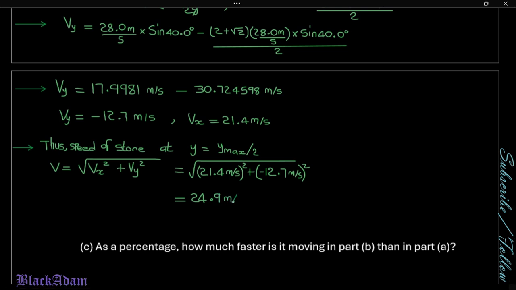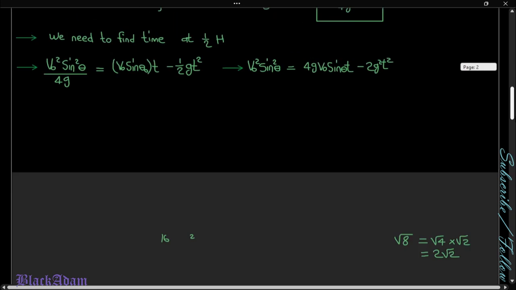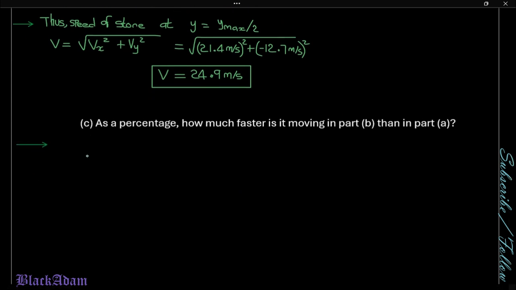That's to 3 precision places, and that's our answer. And then the next question, let's say they want the percentage, how much faster it moves in part B. Part B is where we're solving at half the distance coming down. It's the final minus the initial, over the initial, multiplied by 100. So 24.9 minus 21.4 divided by 21.4.